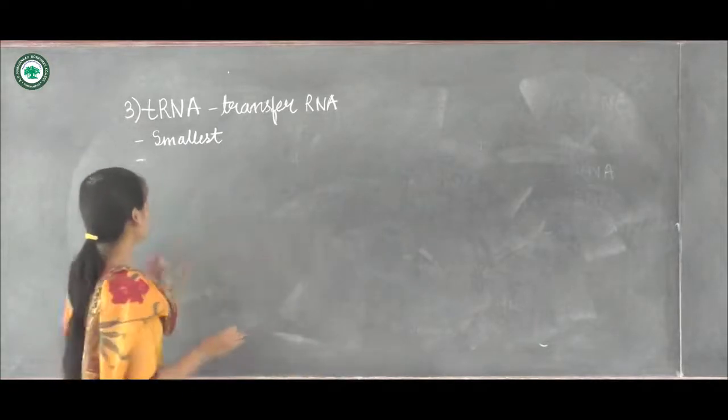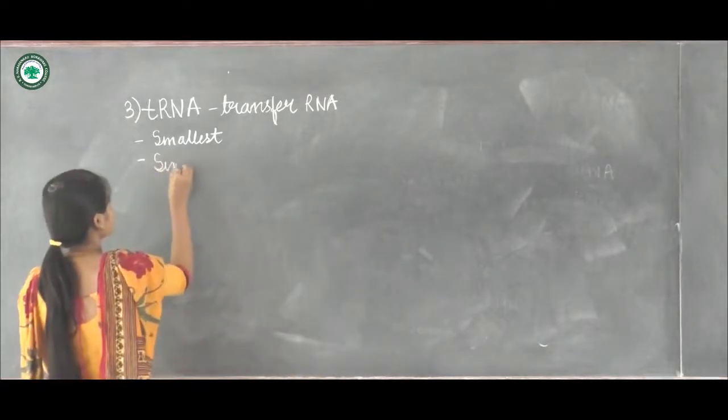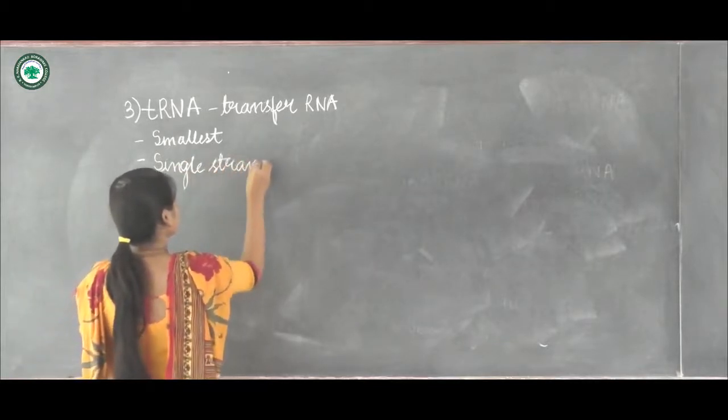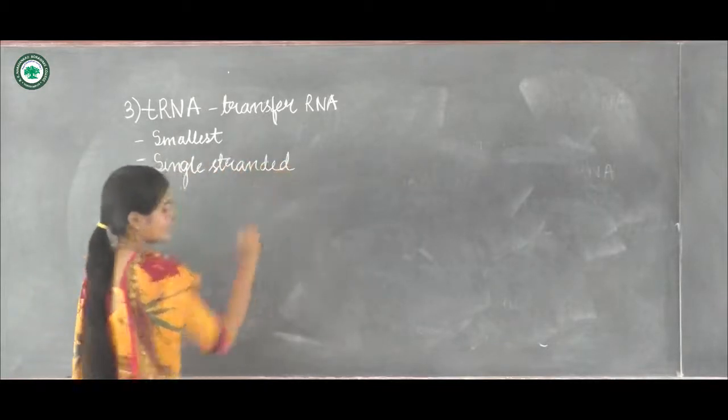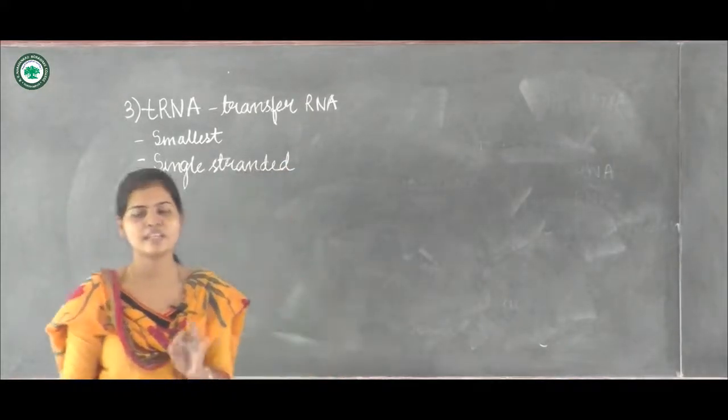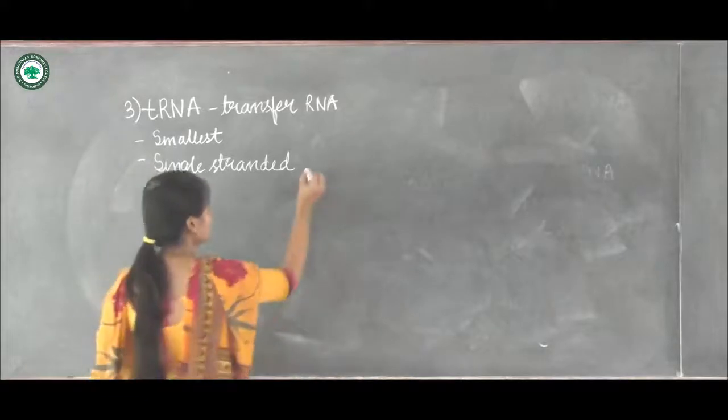Now this tRNA is single stranded and consists of 73 to 93 nucleotides.